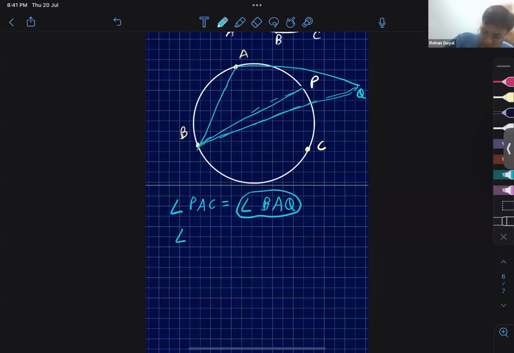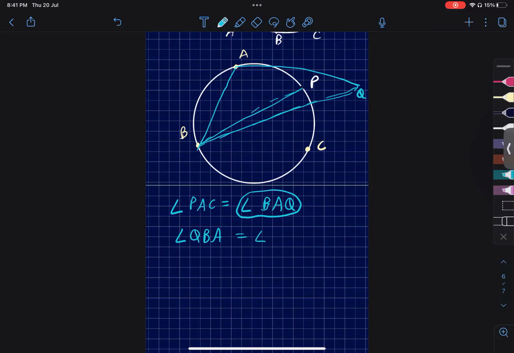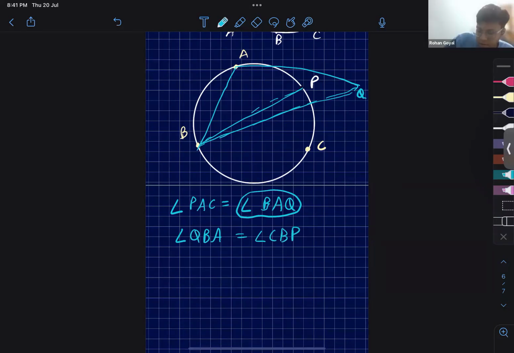So angle QBA is what? CBP. If you check the correct order, this is just the cyclic property, the 180 degrees. Yeah, good. So we get that any point on the circle goes to a point at infinity.